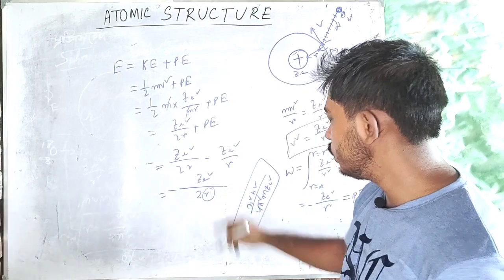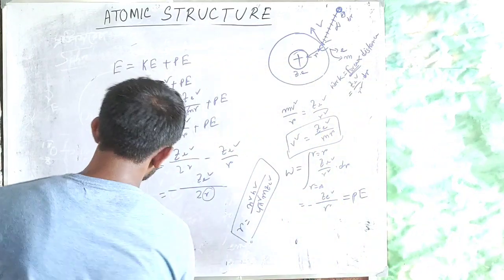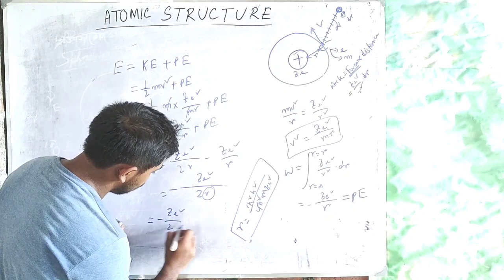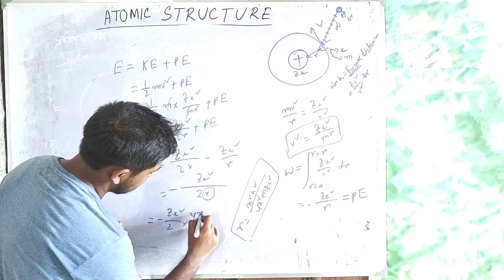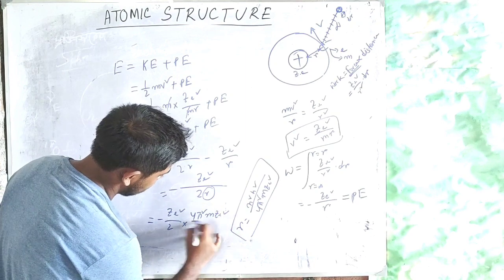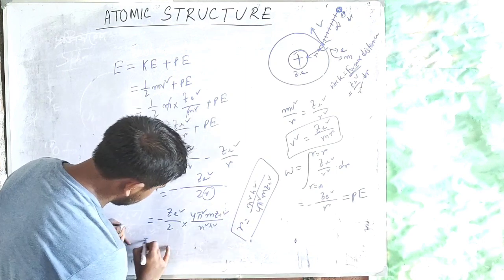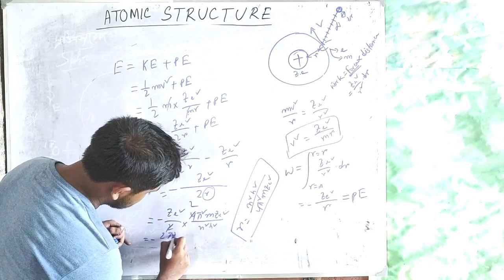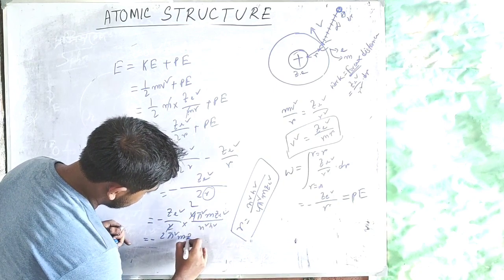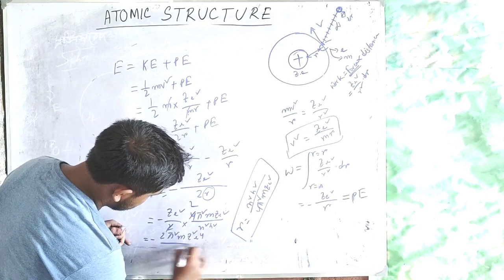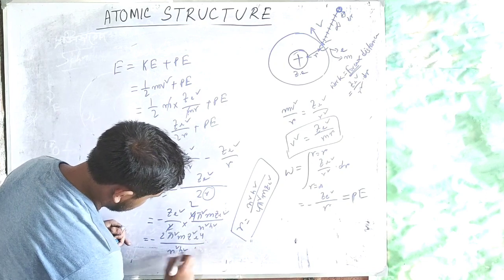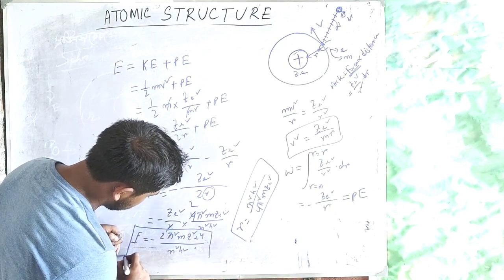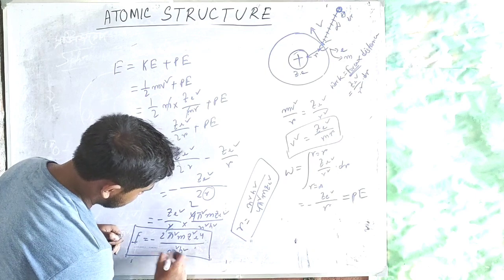Putting this value of r in this equation, we get energy equal to minus Ze²/2 into 4π²mZe²/n²h², which is equal to minus 2π²mZ²e⁴/n²h². So this is the equation for total energy of an electron while rotating in the nth Bohr orbit.